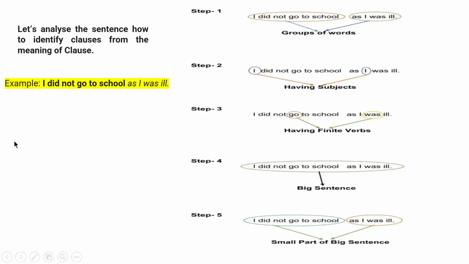Look at the example: I did not go to school as I was ill. If you say just I did not go to school, it also gives proper, complete meaning. So it gives complete meaning if the dependent clause is not used.